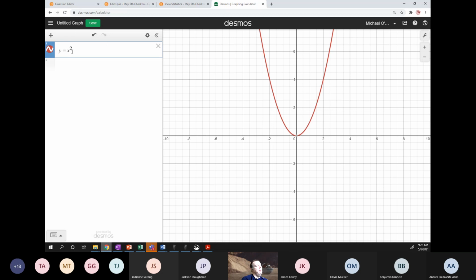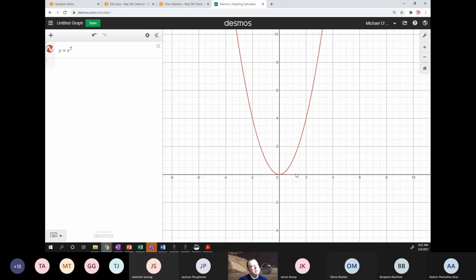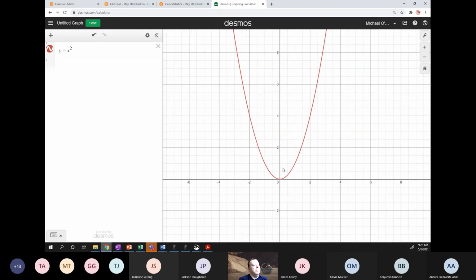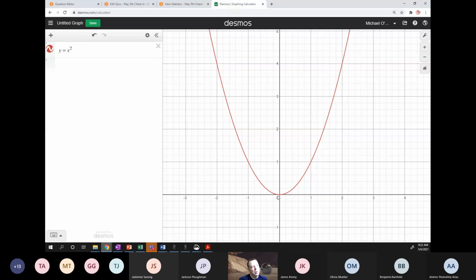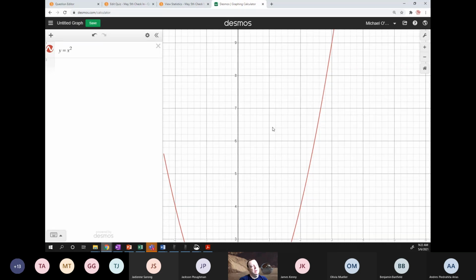There's our parent formula. That's the original parabola. The step pattern 1, 3, 5, 7 meant we go over 1, up 1, and we could put a dot there. We go over 1, up 3, and our parabola hits there. Then we go over 1, up 5, and our parabola hits there.